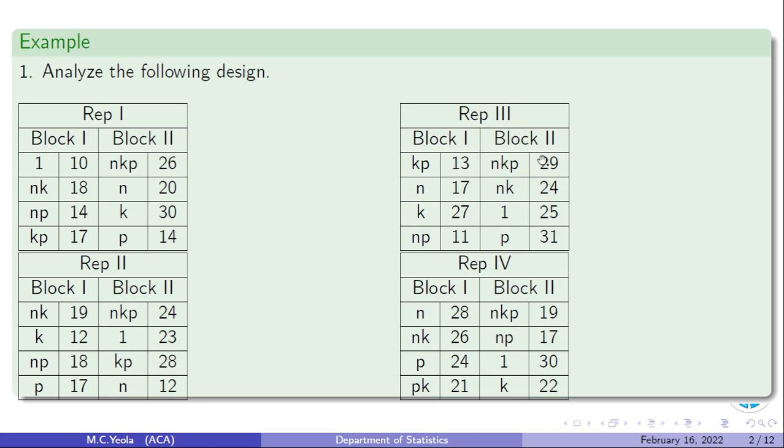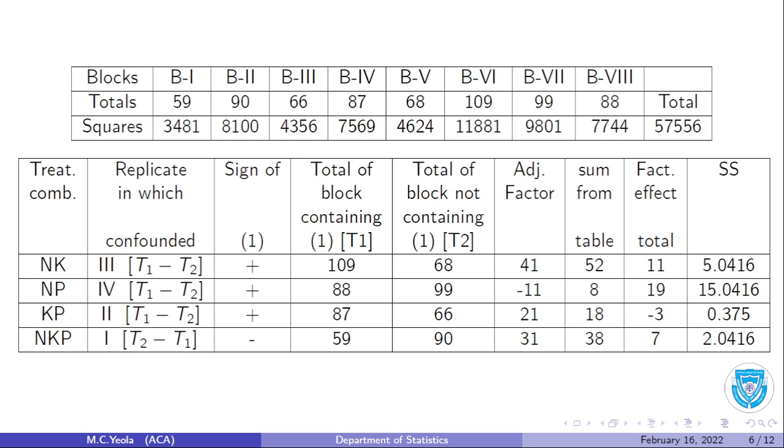Block 2 here means block 6, whose total, 109, becomes T1, and block number 5's total becomes T2. Where 1 is present, the total of that block we call T1.